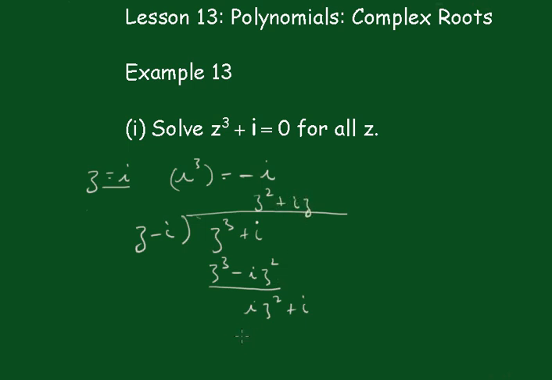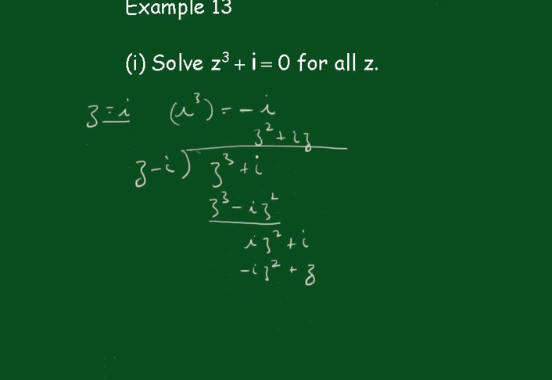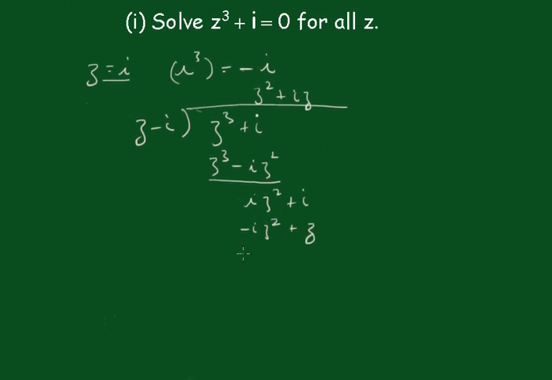I get my i z squared, and here I'm going to get just a z. Okay, now subtract. I get a minus z plus i, and now I need a minus 1 here, which gives me a minus z plus i, and there we have it.